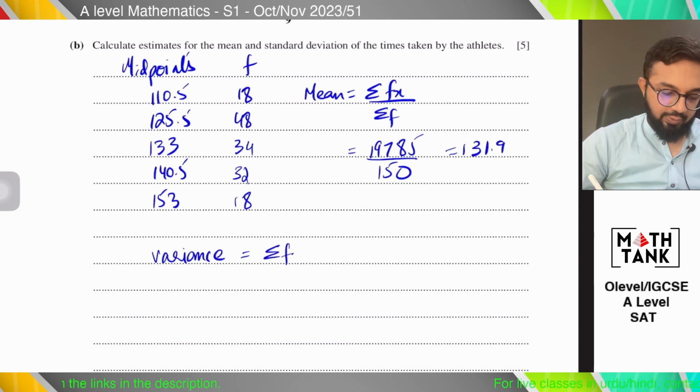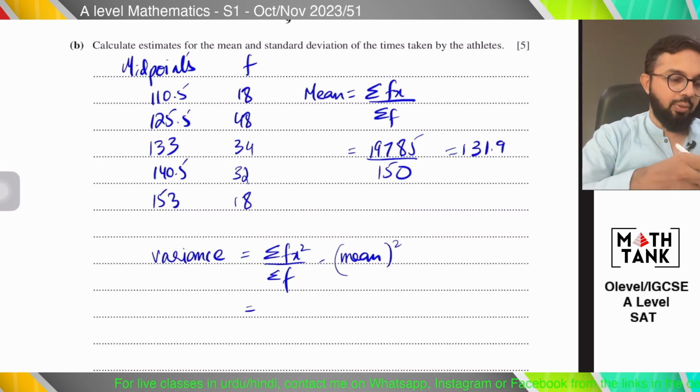Then for the standard deviation, you're going to do the sum of fx squared over the sum of f minus the mean squared. So let's quickly square and multiply.